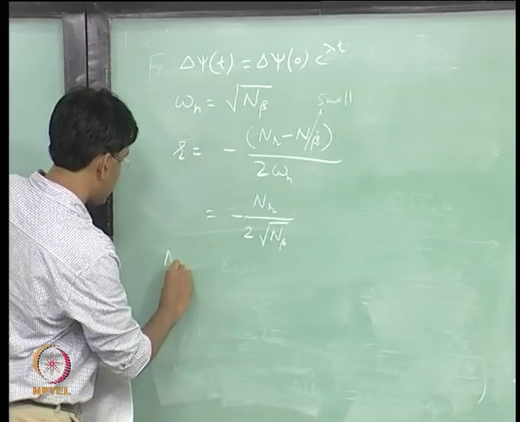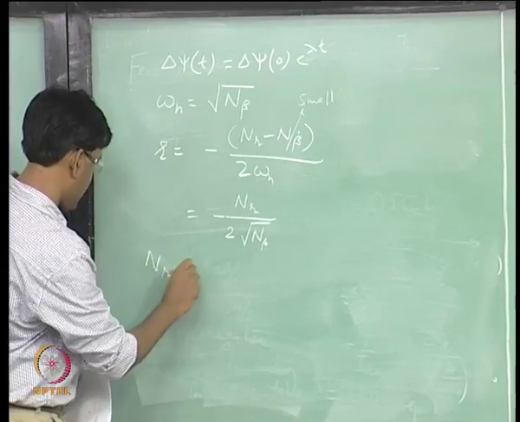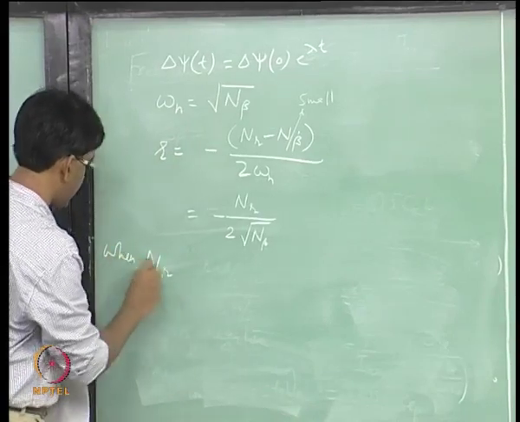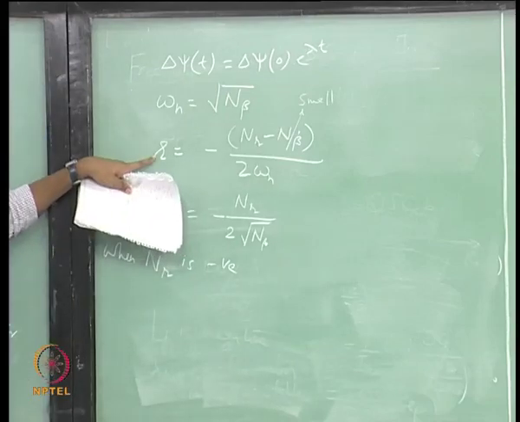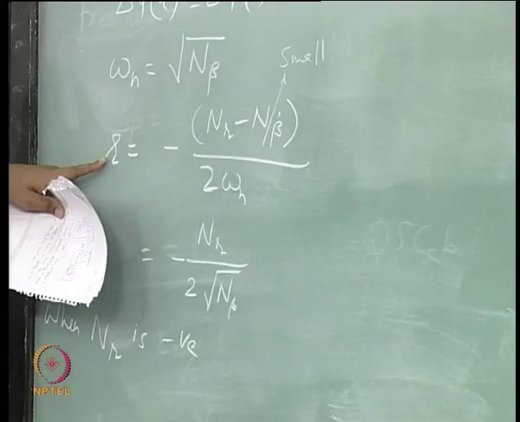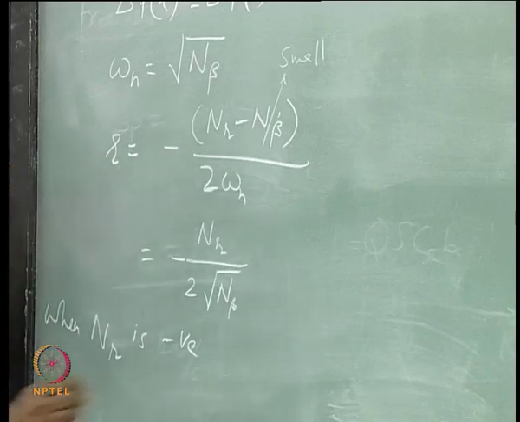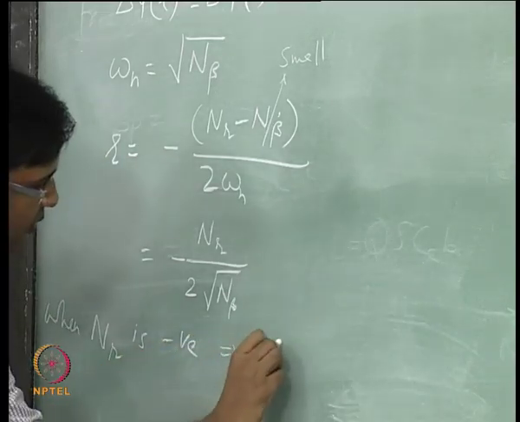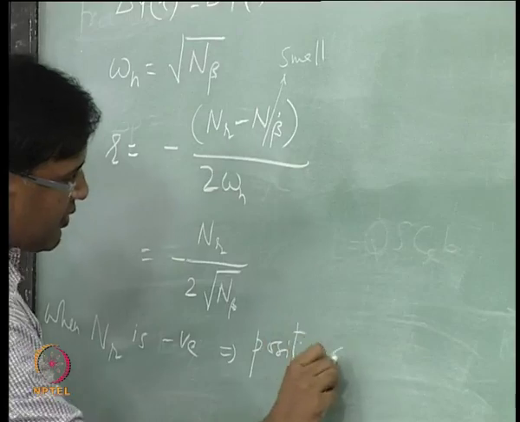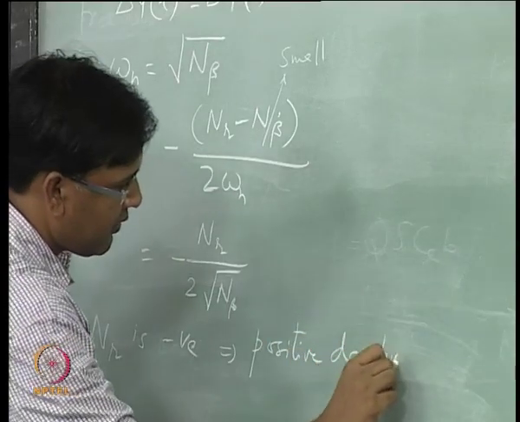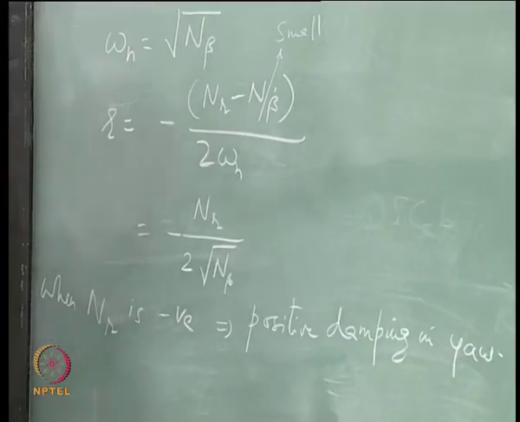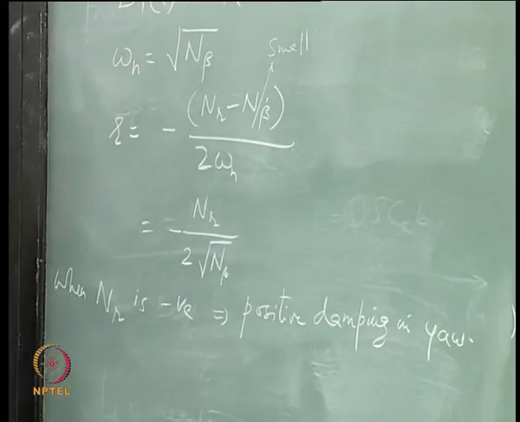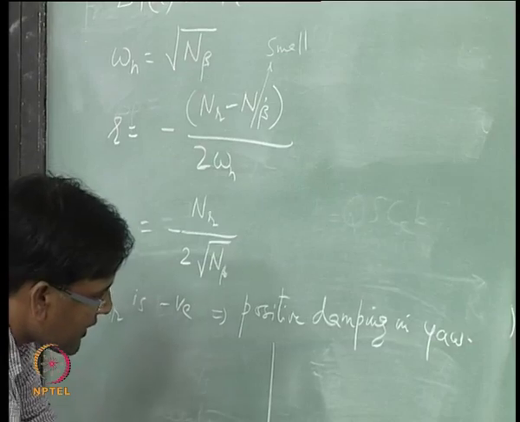So when N r is negative, this quantity is positive, right. And so the motion would look something like this.